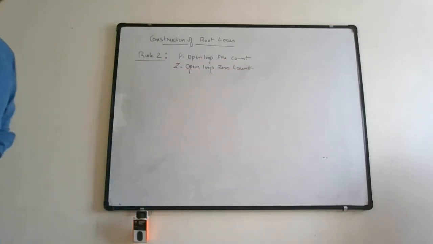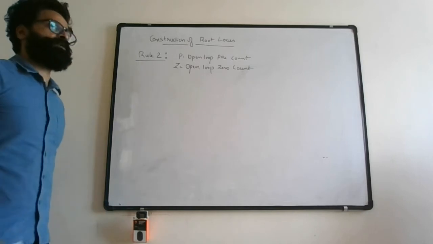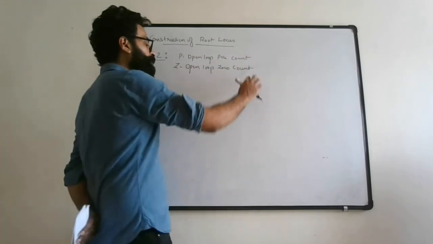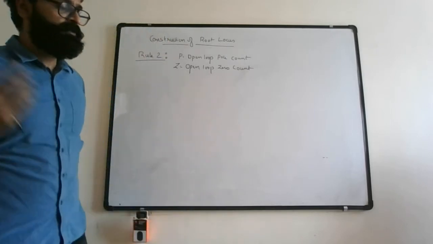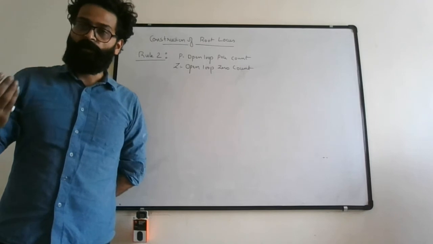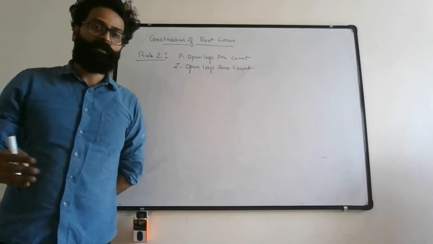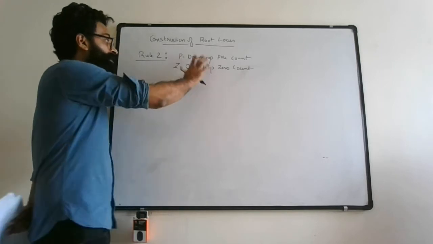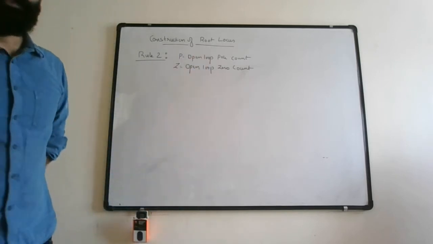From the given open loop transfer function, you have to count how many open loop poles and how many open loop zeros are there. You can include real poles as well as complex conjugate poles. Similarly, real zeros and complex conjugate zeros can be included while calculating P and Z.